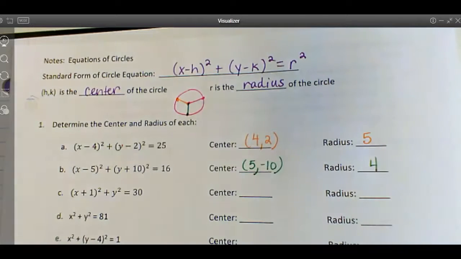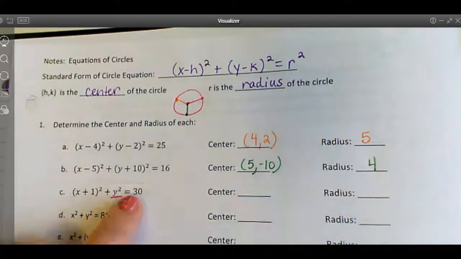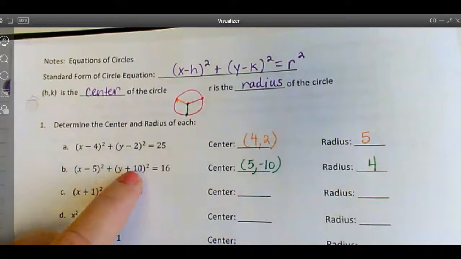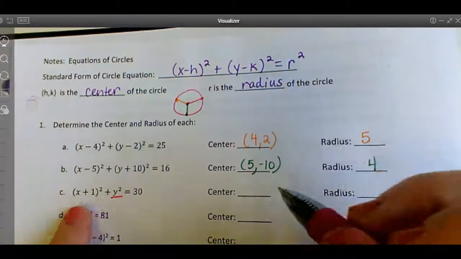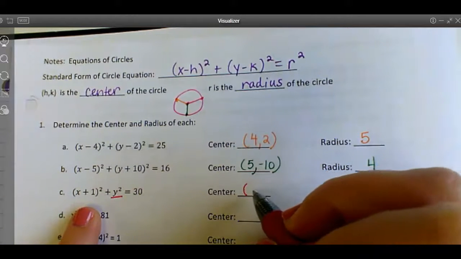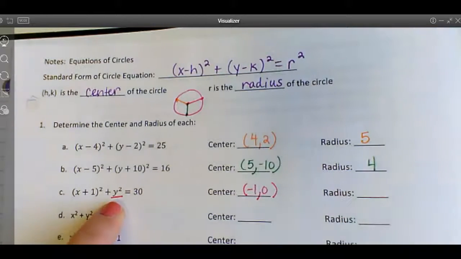Alright, the next one's pretty much the same, but there's not anything with the y squared. You see how there's always like a parentheses and then a square? If there's not a parentheses and not a square, that just means 0 represents that portion of it. So what do you think the center would be here? -1, 0.